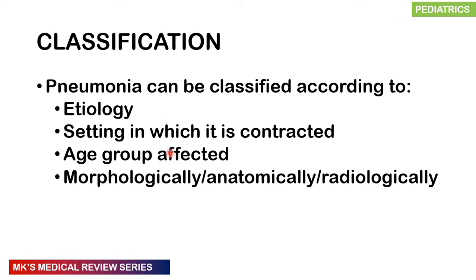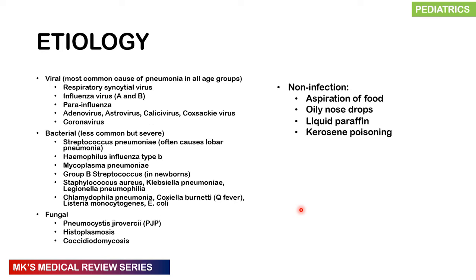You may also classify it according to the age group that's affected: the infants, the adolescents, the preschool going children, the school going children, and of course during the neonatal period. Then you may also classify it morphologically or anatomically or radiologically based on what you see on the X-ray. So we'll start with the etiological classification.